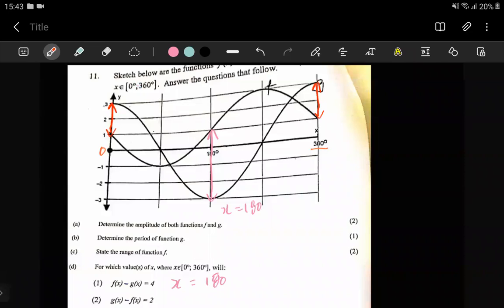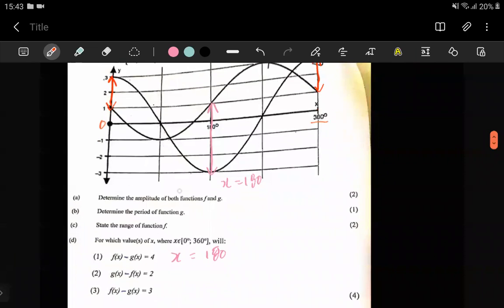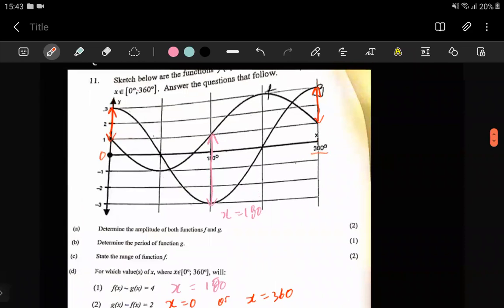There's 2 units there. And that's where x is 0, or where x is 360. And then the last one is asking where the distance is 3, which is where x is 270. Yes, it is 270.